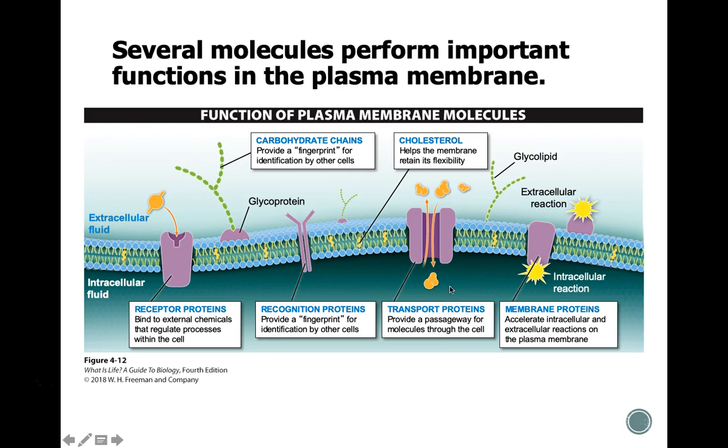So remember we said that the plasma membrane had a hydrophilic side on the outside and the inside, and then a hydrophobic layer in the center. So molecules that have a charge, a positive or a negative charge, are actually hydrophilic. Water also has a slight charge to it, and therefore attracts other molecules that have a charge.